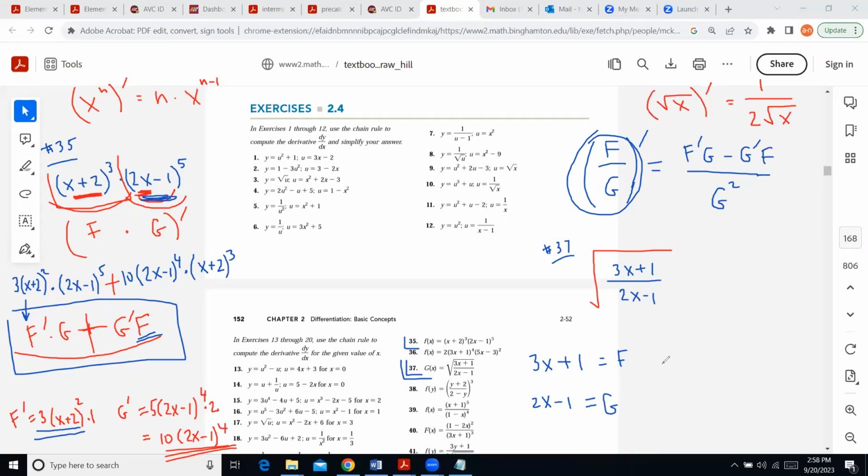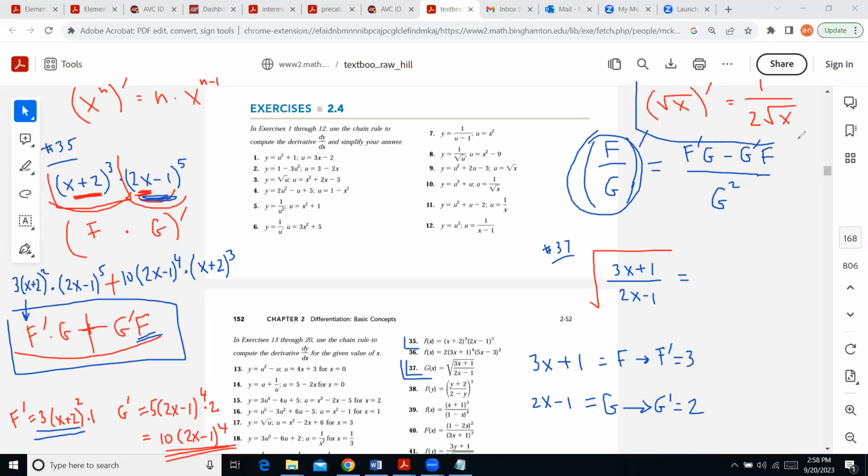So then I can find that from here, the derivative of f will be the number 3, and from the second, the derivative of g, g prime, will be 2. And then, well, then the chain rule will be in play.